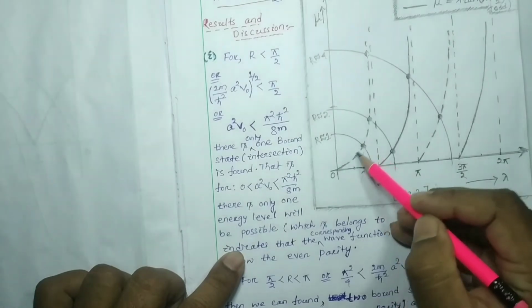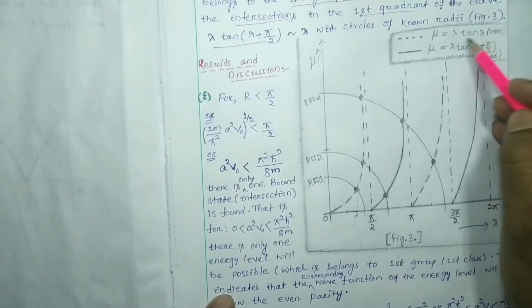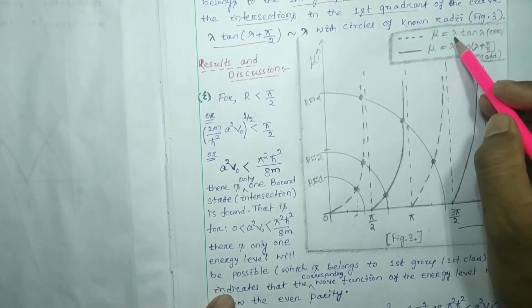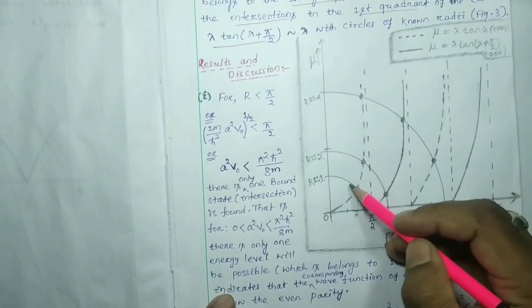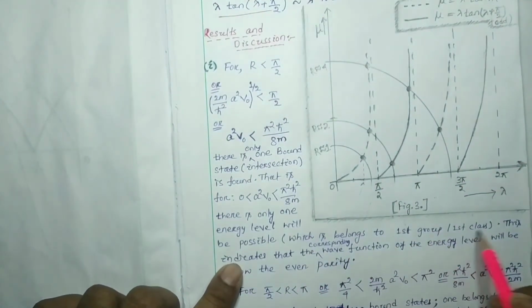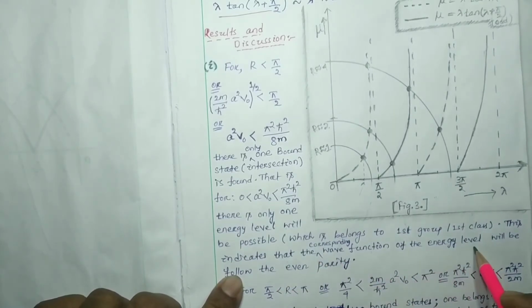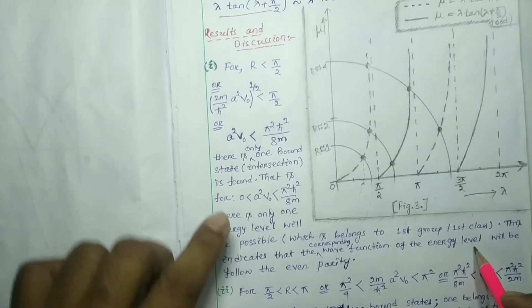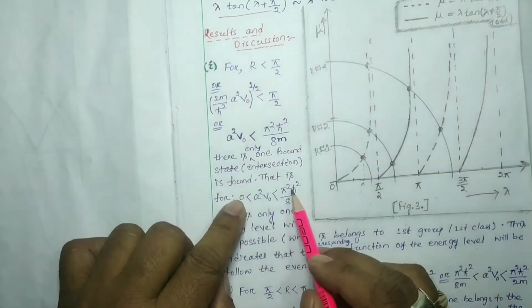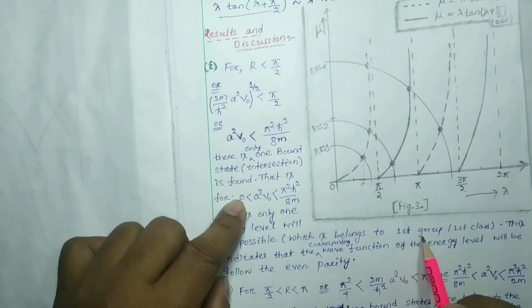this circle cuts with what? The even solution, that is mu equal to lambda tan lambda. This is the dotted line, so that belongs to the first group or first class. This indicates the corresponding wave function of the energy level. So what we found is that in this range, 0 to pi square h cross square by 8m, we get the first group solution.